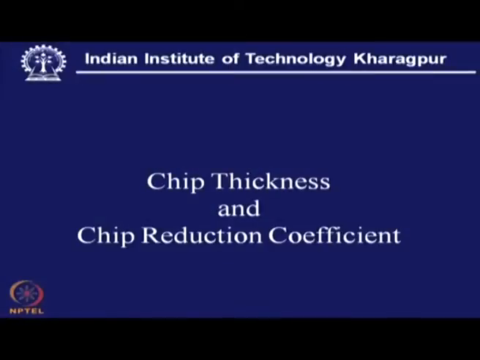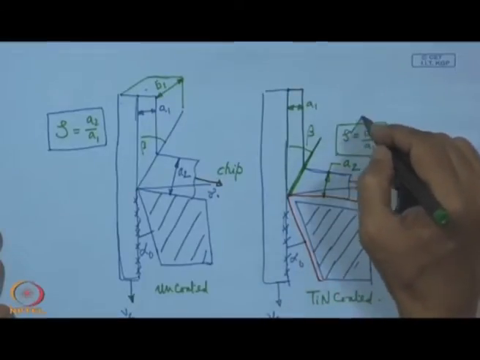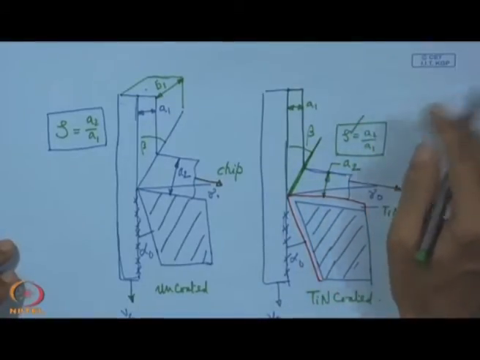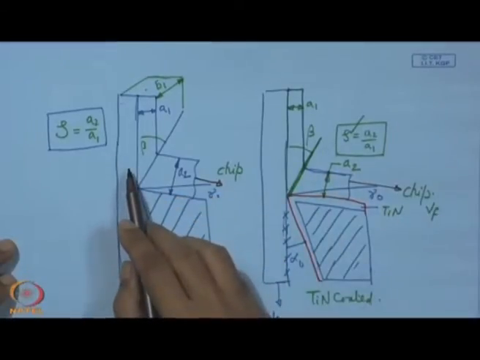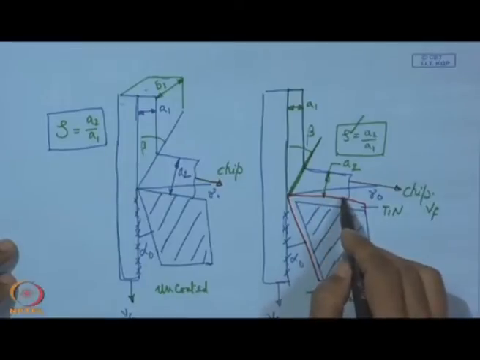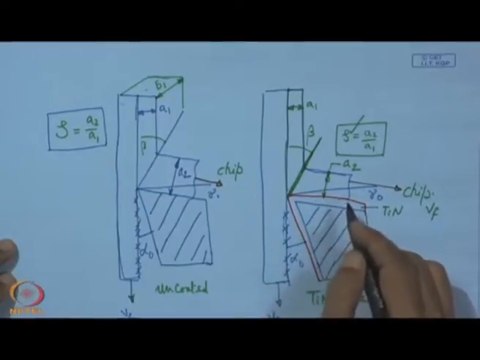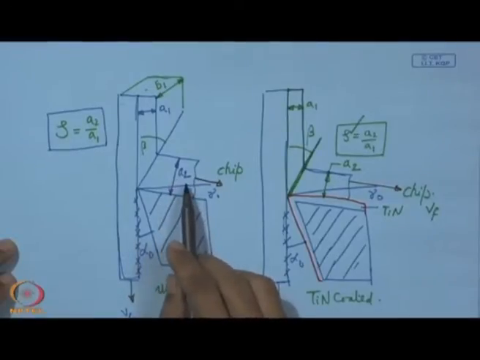So, here chip thickness and chip reduction coefficient, we call it an index of machinability. That means, with what ease we can machine this material. This material may be a carbon steel at the low end of the carbon, but nevertheless this is going to slide and there may be a high value of friction in this case, and this is going to be indicated by A2.